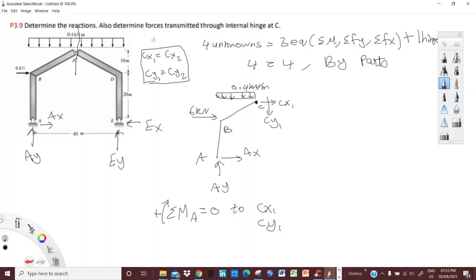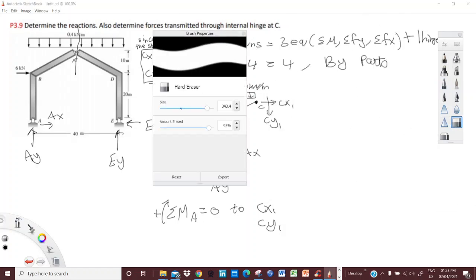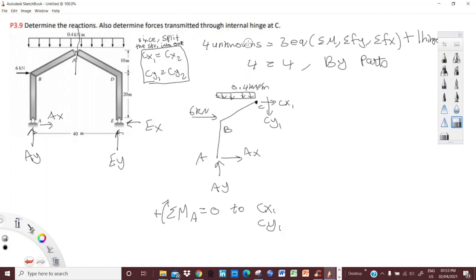So we split the structure only once, at C, into two parts.